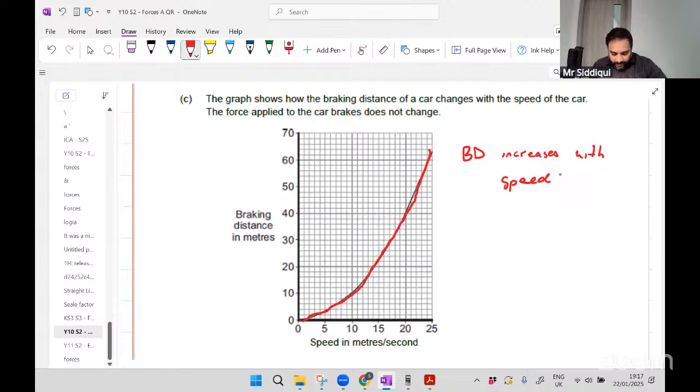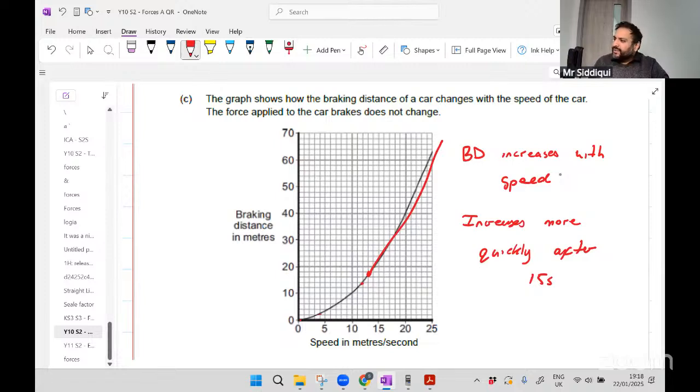If we broke it into two pieces, it would be like that one line and then another line. So it's steeper further on, which tells you that your braking distance increases more at higher speeds. So you could say that it increases more quickly after, let's say, 15 seconds or something like that. So at 15 seconds, it seems to start getting steeper.